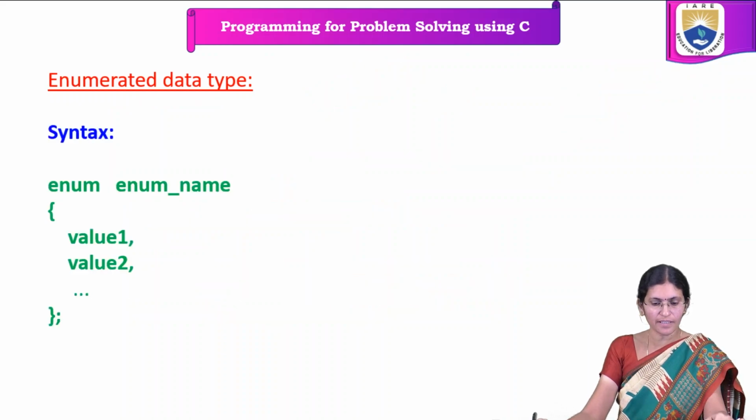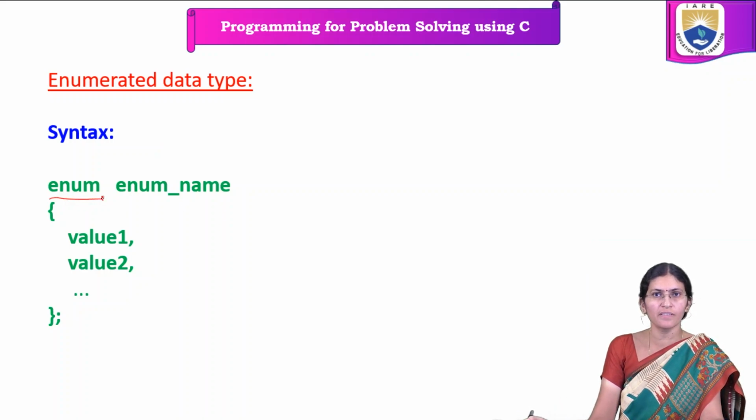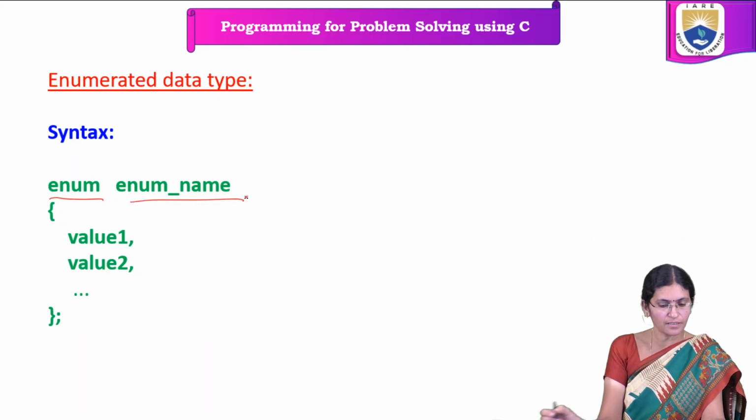Now let us see the syntax of enumerated data type. This is how we declare an enumerated data type. The keyword to be used is enum, then the name of the enumerated data type.